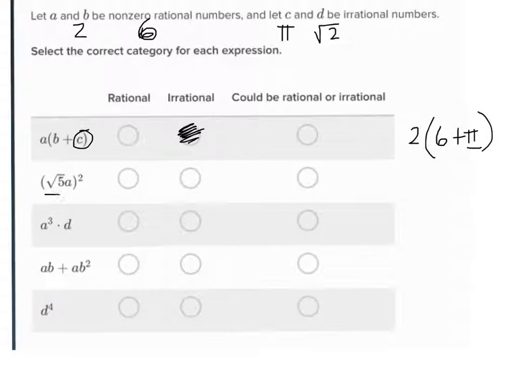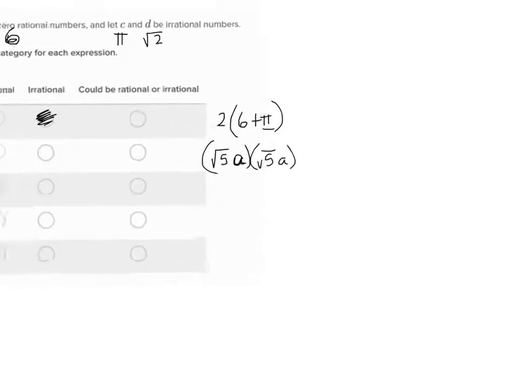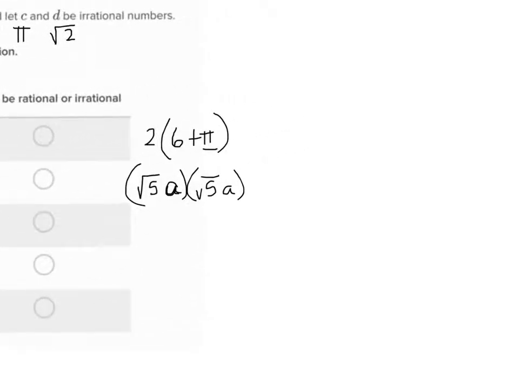Let's try the second one. The second one says the square root of 5 times A all squared. So what that means is the square root of 5 times A times itself. The square root of 5 times A, like that. And so let's evaluate that. So that'll be the square root of 5 times the square root of 5 is 5, and A times A is A squared.